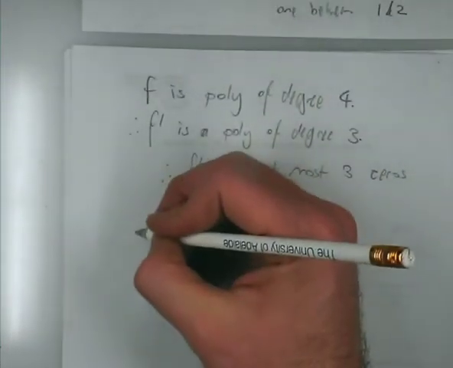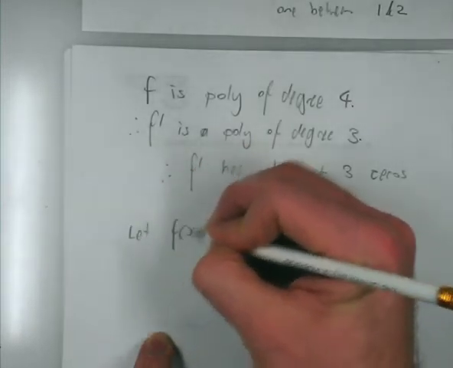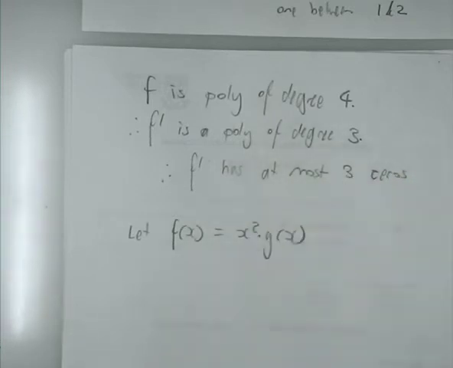Let's not quite find the derivative of f. Let's call the other bit of f, let's call it g. It's got x squared and the x minus 1, x minus 2.